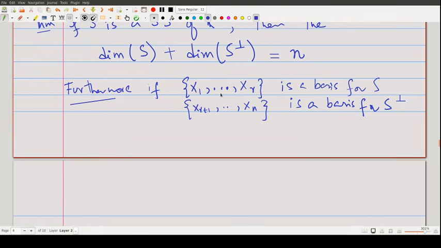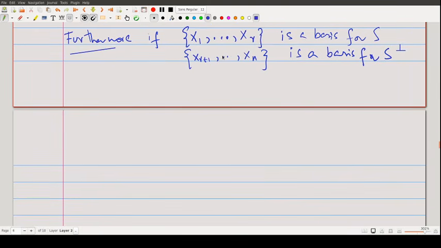So if this one has r basis vectors, then this one will have n minus r basis vectors, and so the total is n.